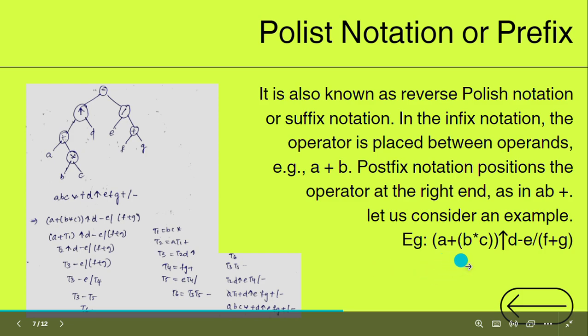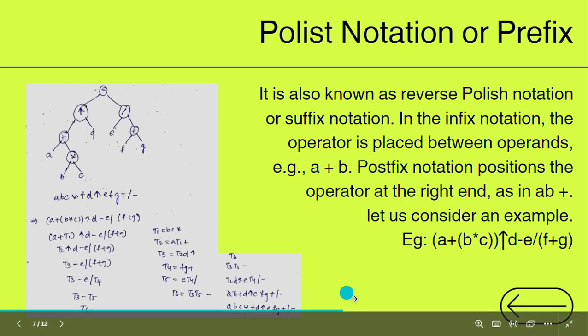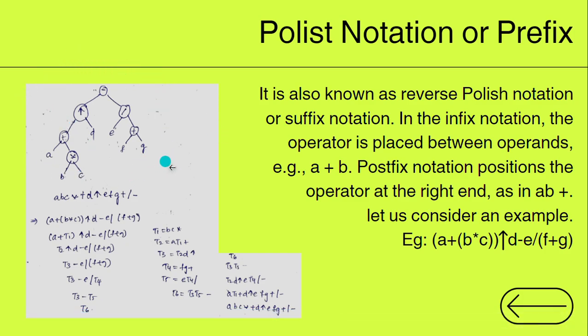A plus b into c cap d minus e by f plus g. Here in the picture, this is the syntax tree we already drew for the previous form also. Now we are taking the postfix notation, not prefix, so we draw it in a postfix way.